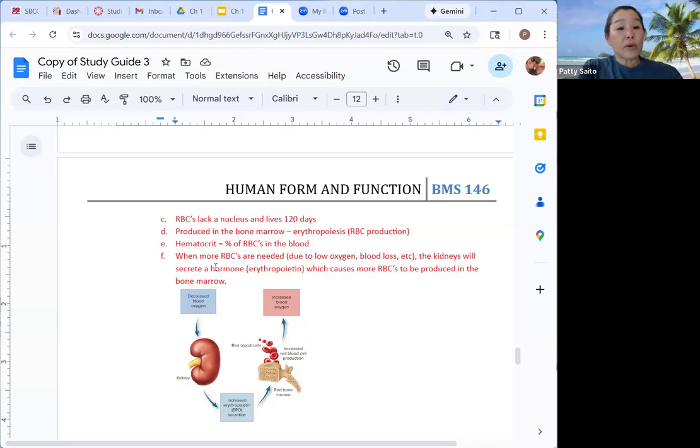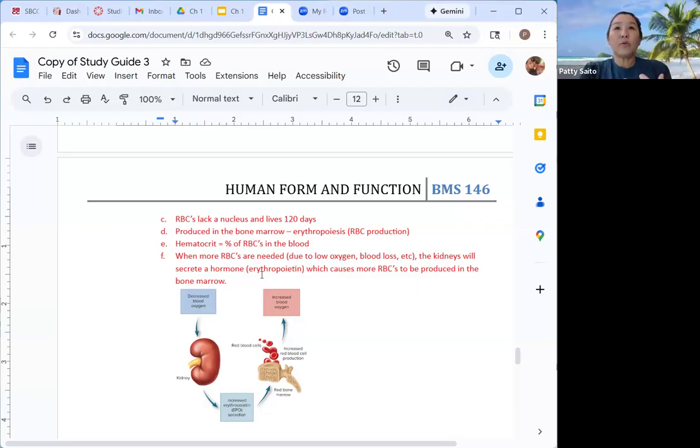So when we need more red blood cells, let's say we go up in altitude. Have you ever heard the term "the air is thin"? Well, it just means there's less oxygen in the air. And you need a certain amount of oxygen in your body, right?